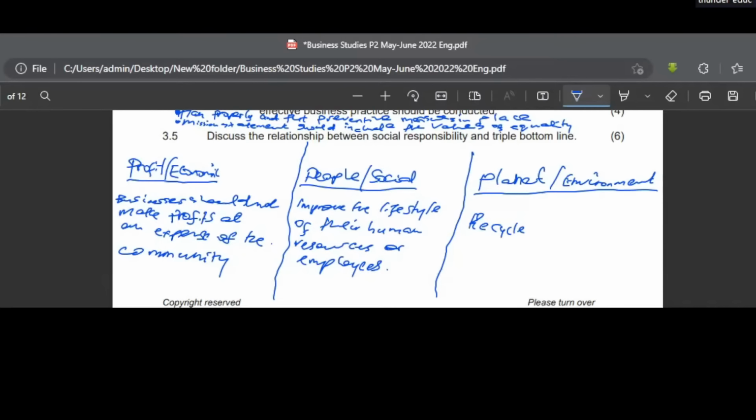Recycle waste such as packaging from recycled material.